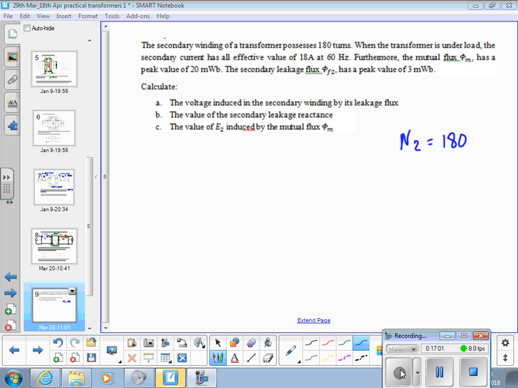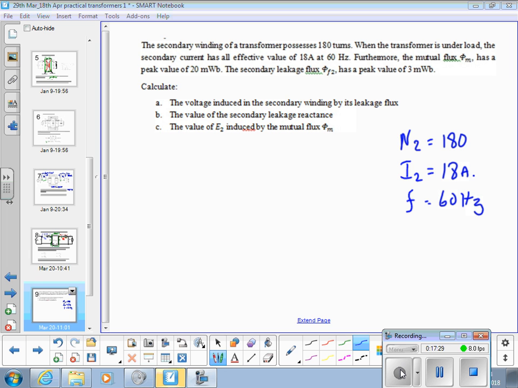When the transformer is under load, secondary current has an effective value of 18 amps. So I2 is 18 amps, f is 60 hertz. Always useful to pull out the information from a written question.